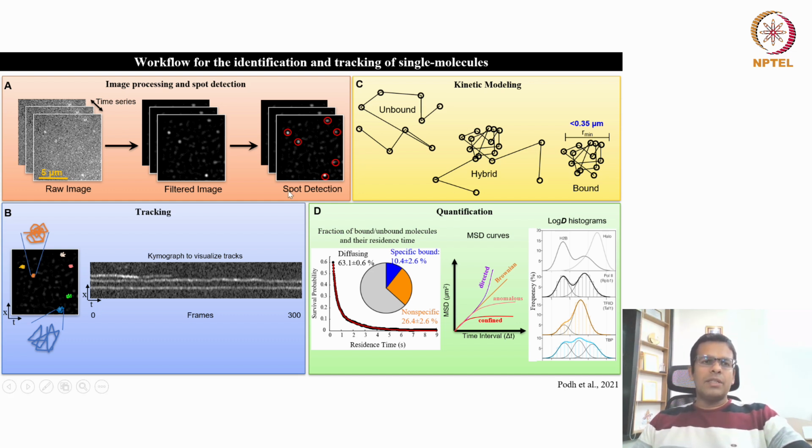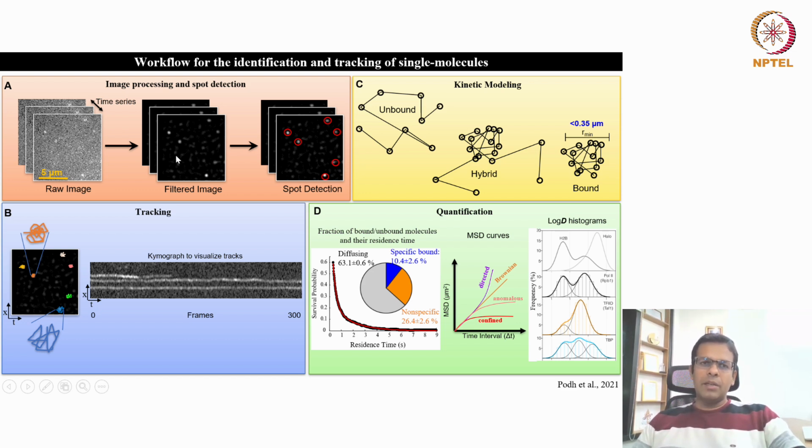So your raw images will be a little noisy. As you can see here, you can see the single molecules, but there is a lot of noise in the image, right? So we used a computational filtering method, known as bandpass filtering, to remove this noise.